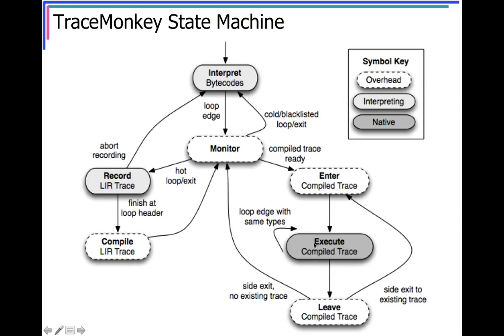If we continue to iterate through this trace and the types remain stable and the control flow remains stable, then we execute at highly optimized native code speeds. When we've completed the trace, we'll exit out of the trace to check what exit we're on. If it's a side exit to the same trace, we can repeat this process. If it's a side exit to a trace that doesn't exist, we'll go back to the monitoring and interpreting of the bytecode.